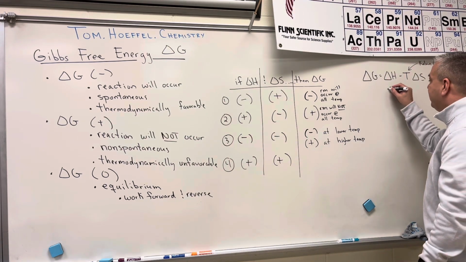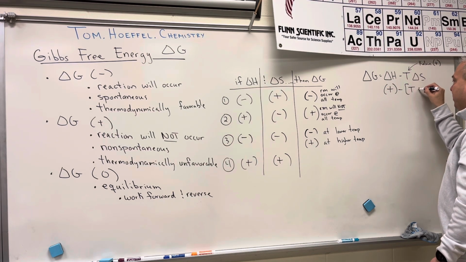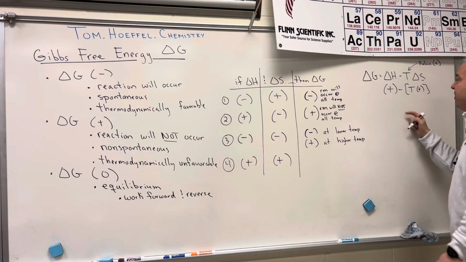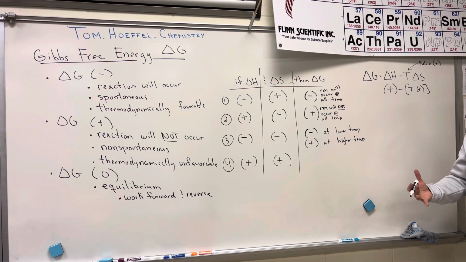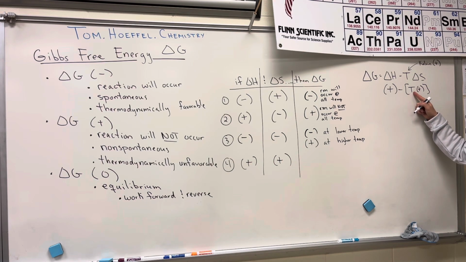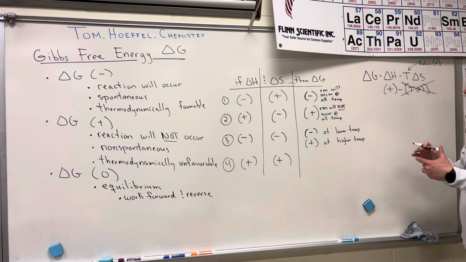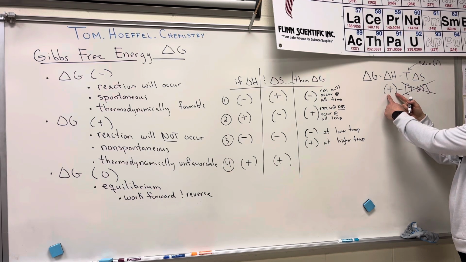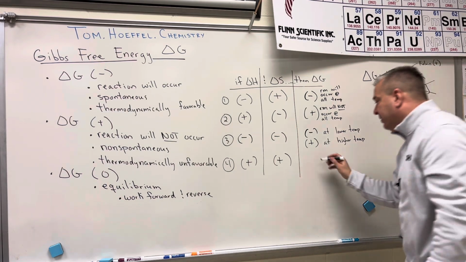Well, if this is a positive, and I'm going to subtract T delta S, which is a positive, so you have a positive minus a positive, it just comes down to their values, okay? So if I plug in a 0, this term is eliminated, and I'm going to have a delta G that is positive.